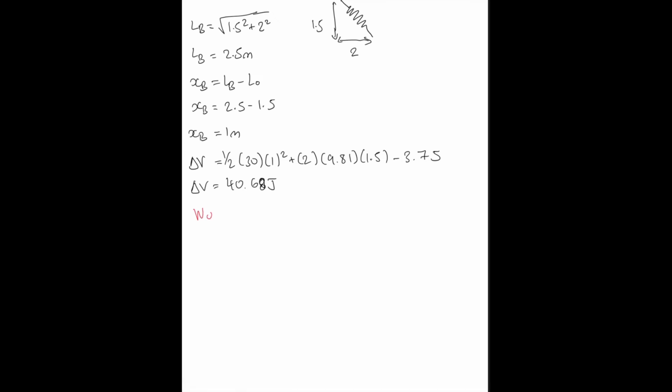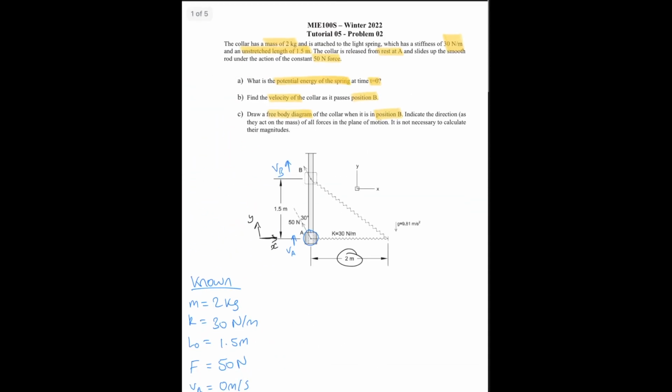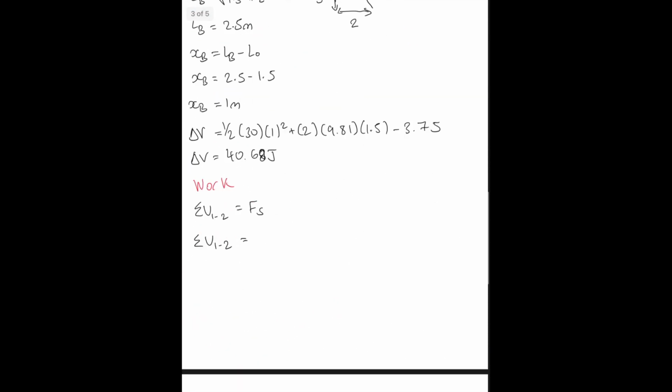Okay, now for the work equation. We know that work is force multiplied by distance. So, since the force is pointing at an angle of 30 degrees, we're going to have to equal it to 4F multiplied by hB minus hA, which is 0, cosine 30, because we want to know the force component in the y direction.